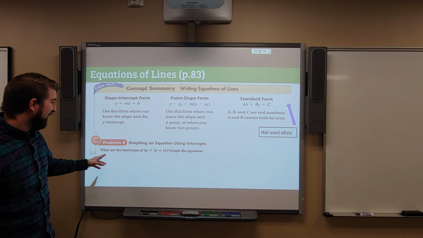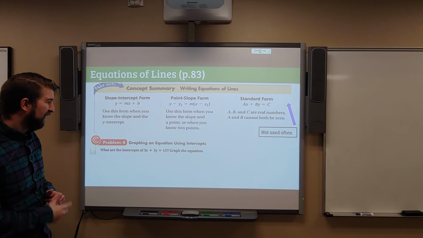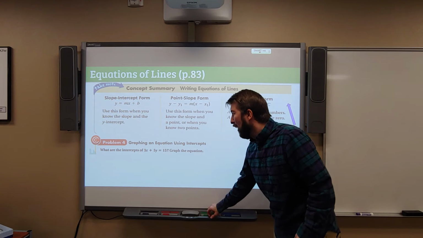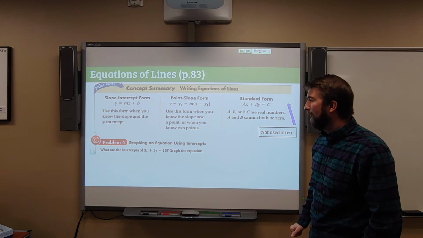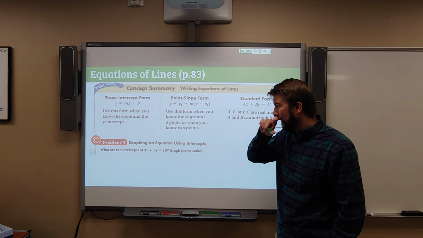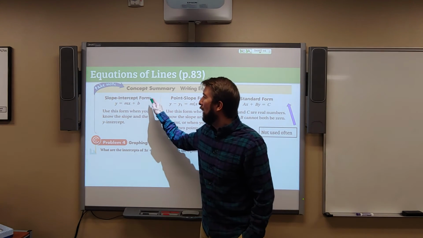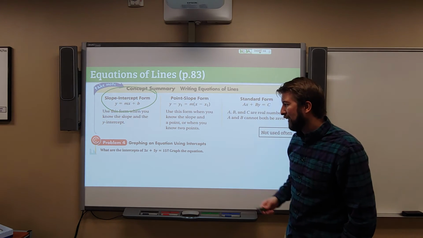So it says, what are the intercepts of 3x plus 5y equals 15? So, this is written in standard form. What I would do to graph the equation is put it in slope-intercept form, and once we get it there, then we can figure out the intercept.